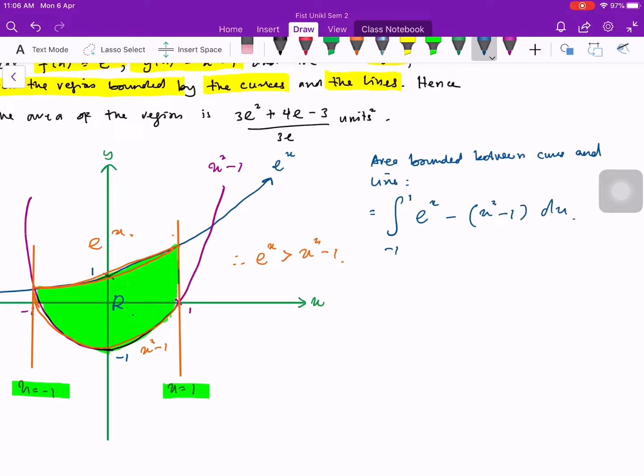Then for this one we're going to expand and simplify. We will get e to the power of x minus x squared plus 1 dx, integrated from -1 to 1.